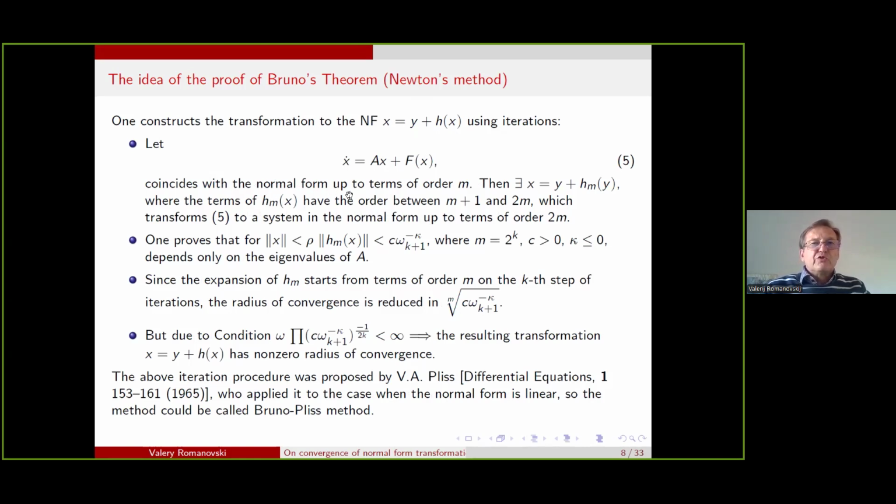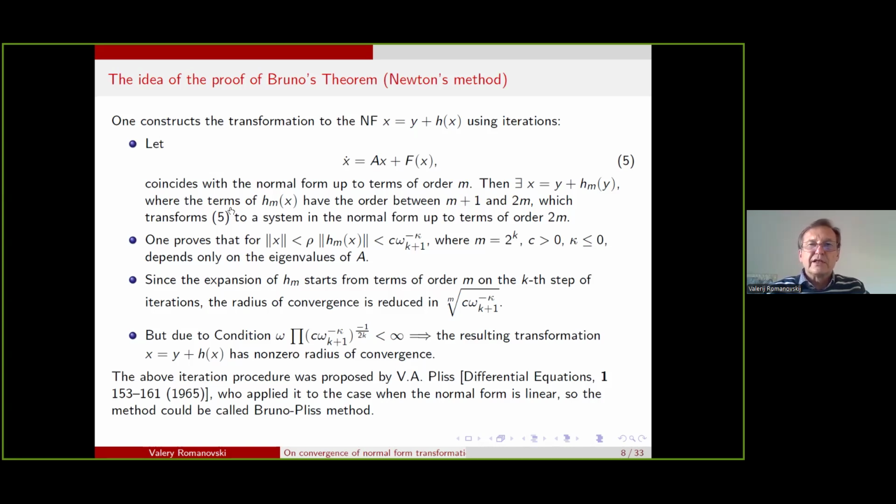So let's assume that this expression coincides with the normal form up to terms of order m. Then there is a substitution x equals y plus hm of y, where the terms of hm have the order between m plus 1 and 2m.